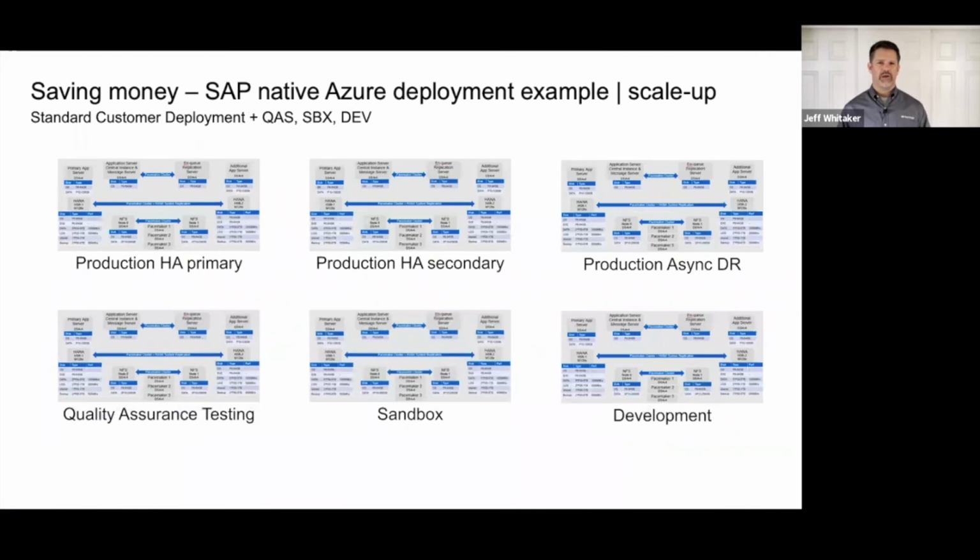Well, you've got your production primary, your production secondary, your async disaster recovery location, a QA environment, a sandbox for doing work, and then your development environment as well. So you're taking all of that complexity, multiplying it times 6. For the Azure NetApp Files side, you simplify this in every single one of these scenarios. So your overall infrastructure environment is extremely simplified, cost reduced, much easier to deal with.